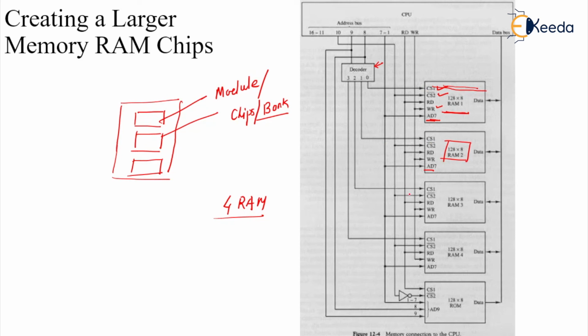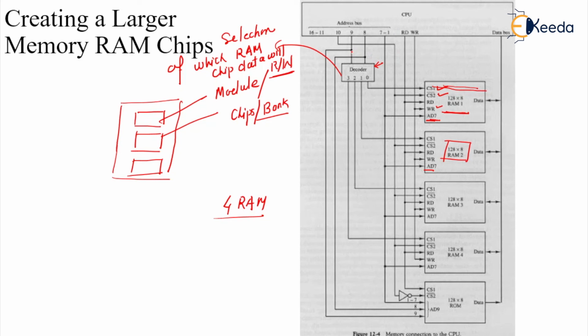That means this decoder is basically working as a selection of which RAM chip data will be read or written.